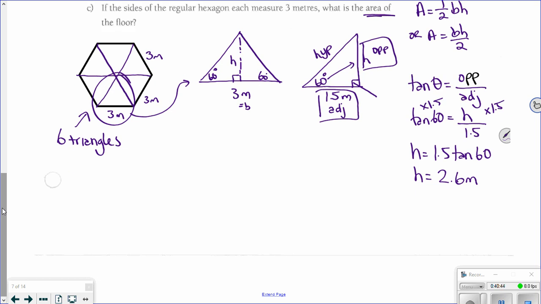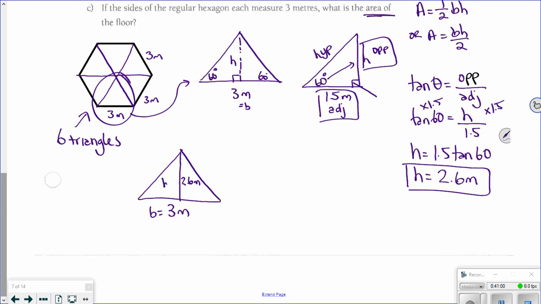So this is the height of my triangle. If I go back to my big triangle, I now know that this is 3 meters all the way across, and I know that this is 2.6 meters tall. So with my base and my height, I can use my area formula in order to solve for the area of one triangle.